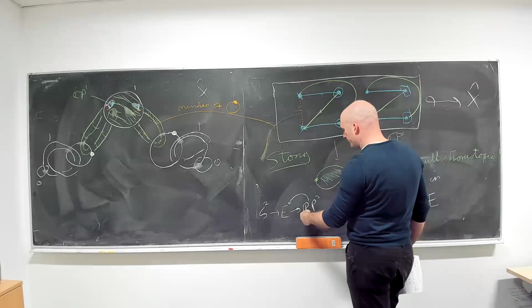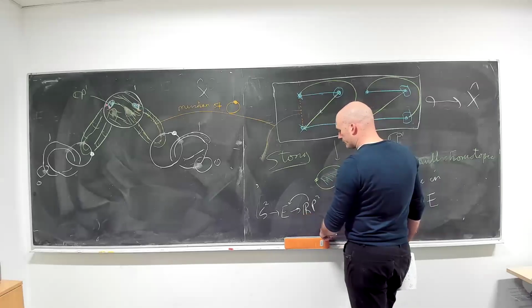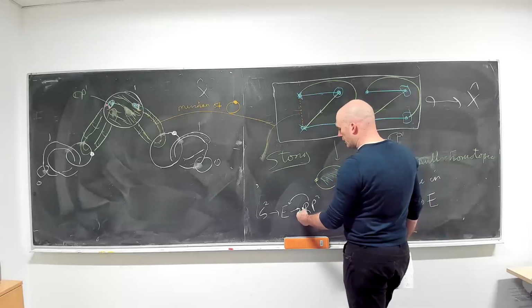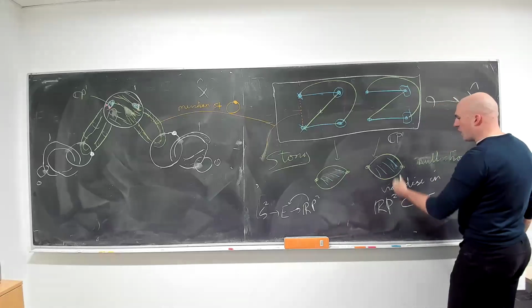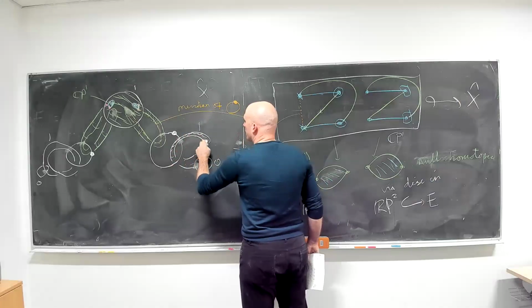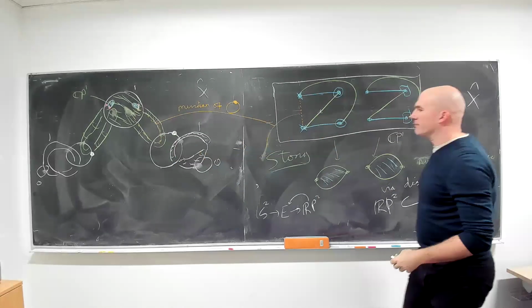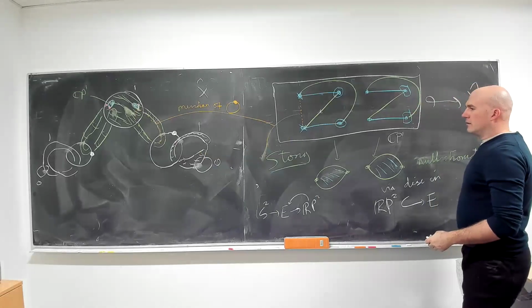So we have this. We have an RP2 sitting inside of here, which you can see from the Mobius band here, union the core of this.